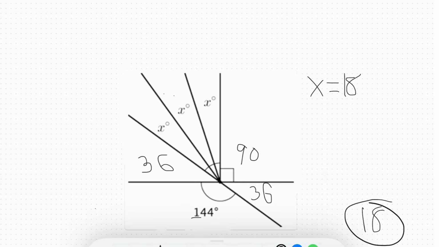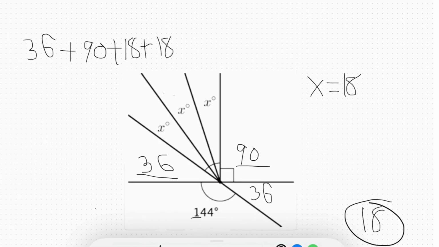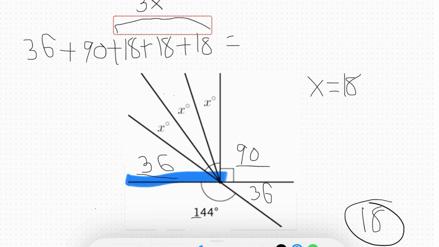But just for time's sake, we can do 36 plus 90 plus 18 plus 18 plus 18 plus 18. This little area is our 3x. And this should equal 180 because this is a supplementary angle in order for our answer to be correct.